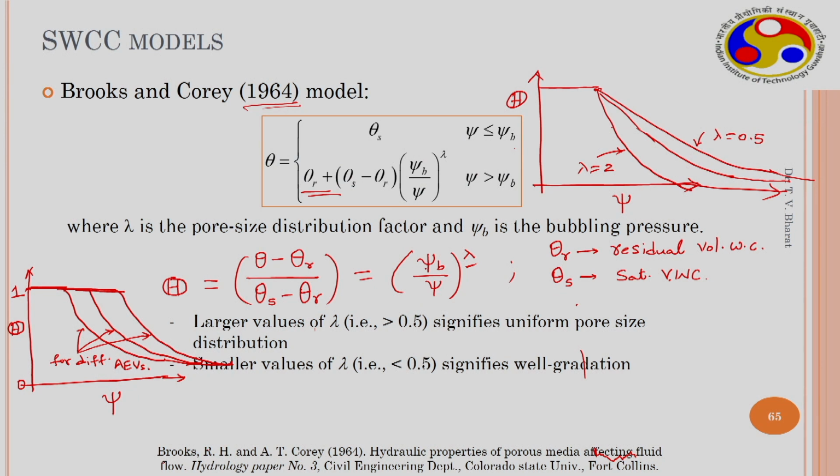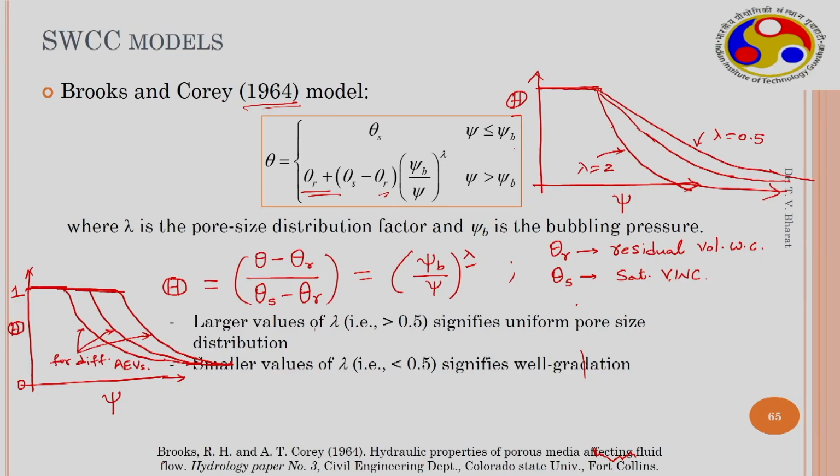The bubbling pressure can usually be identified when you plot normalized volumetric water content against suction, so only one fitting parameter is needed. Often we may not know the residual water content value, and in that case two parameters need to be estimated from the data. So this is a very simple technique, and that is the advantage of this model.